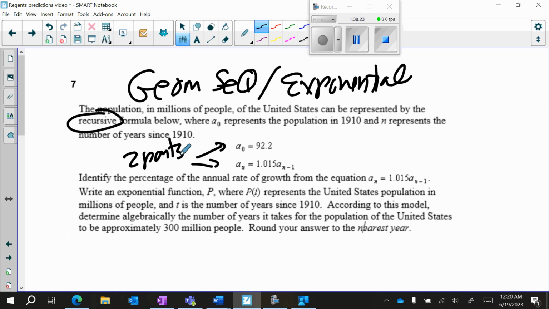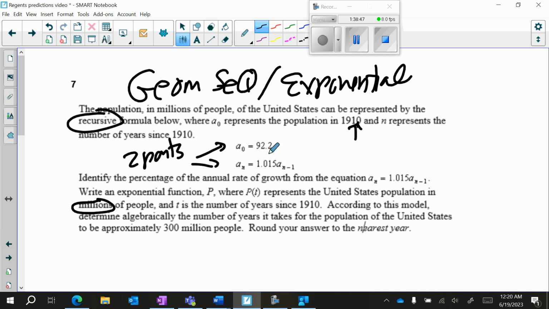The 2 parts are the initial value, which they're using A sub-0 instead of A sub-1 because they're doing population since 1910. So basically, in the year t equals 0 since 1910, you're in 1910. The initial population was 92.2 million because it's in millions of people. So keep that in mind.